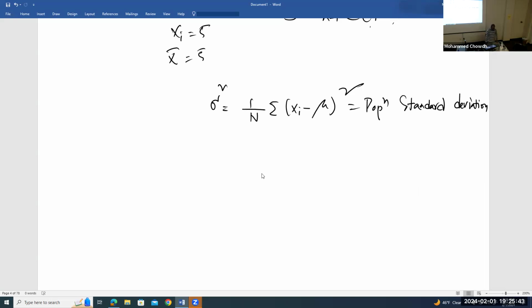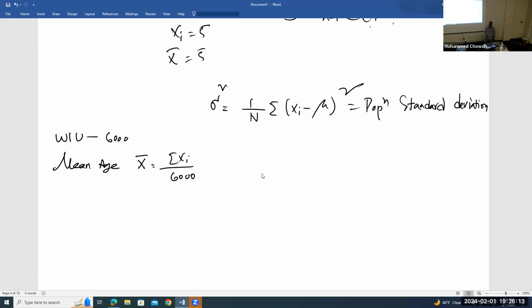Now suppose WIU has how many students? WIU 6,000, right? Suppose 6,000 students. If I want to find the mean age of the WIU students, what is the formula? For all 6,000 students I have to apply this formula, right?